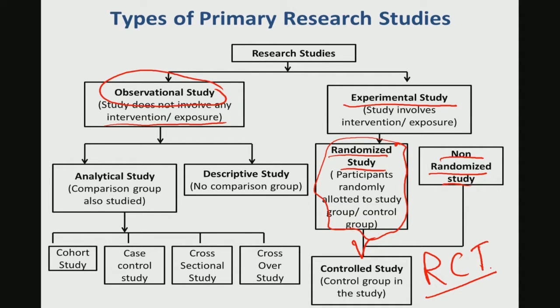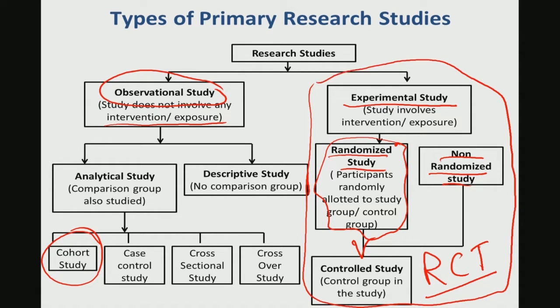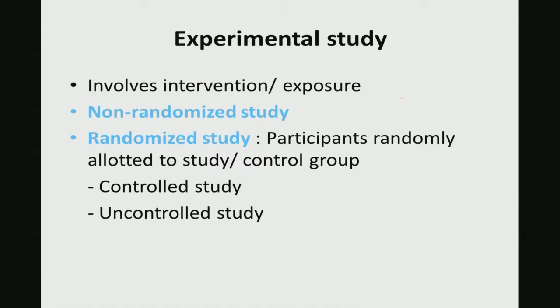Observational study can be more of an analytical study or descriptive study and so on, and one of the studies people sometimes do is the cohort study, but our discussion will be mostly concentrated on this part of the slide: the experimental study, the randomized study, and then how one can do RCT, that is, randomized control study.